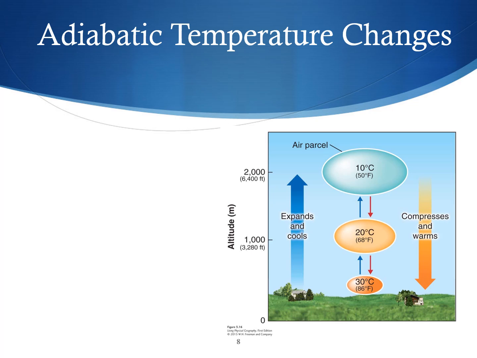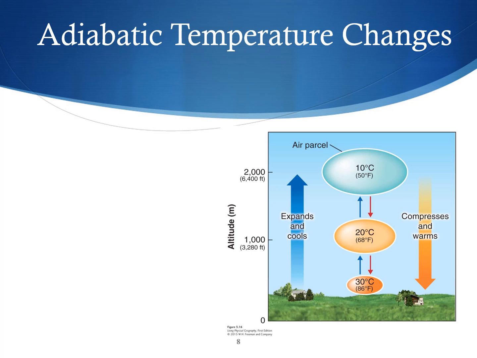If you look at this figure from your book, this air parcel is cooling and warming at a regular rate. Its temperature is either increasing as it goes down, or decreasing as it goes up. As it goes up, it expands and cools. As it goes down, it compresses and warms.